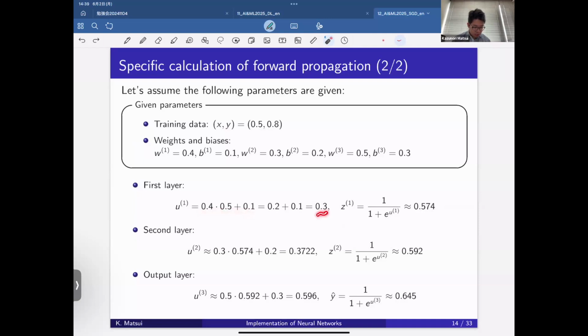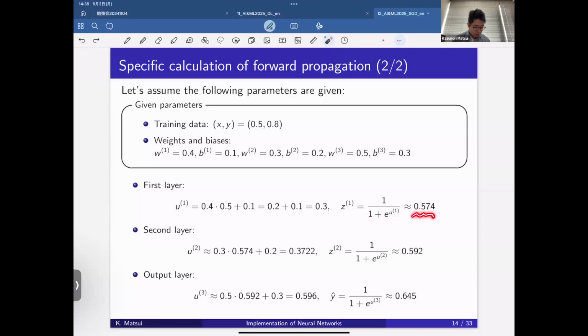Since u1 is determined, we put this into the activation function. In other words, we calculate 1 divided by 1 plus e to the power of minus 0.3, and we get 0.574.